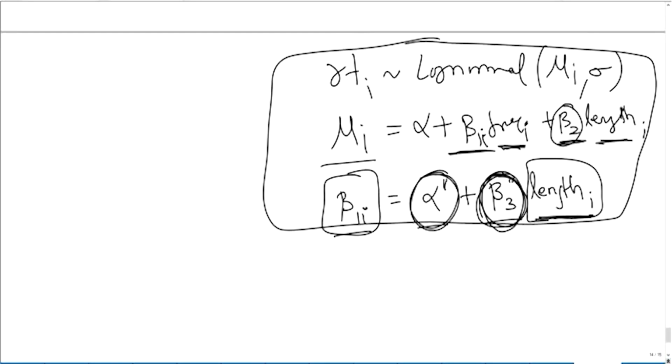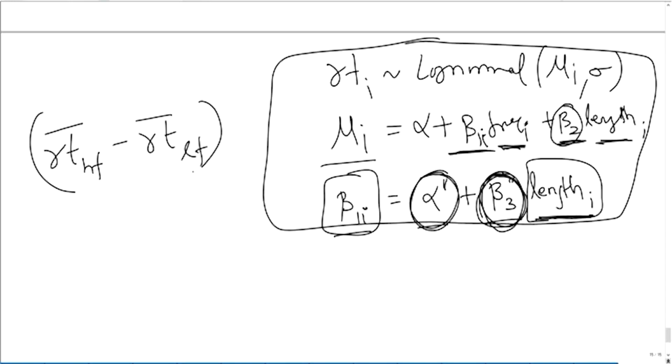In another way, you can write it like this. Let's say this is the average recognition time for high frequency words, and this is the average recognition time for low frequency words. If you take the difference, let me put a bar to indicate the average. So this difference indicates the effect of frequency, to what extent frequency affects recognition times.